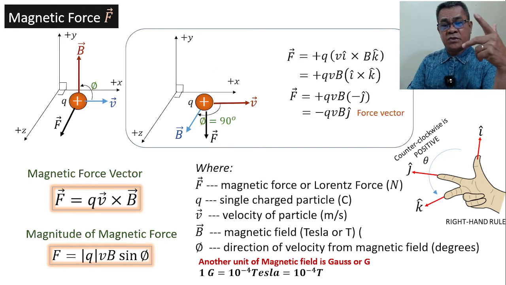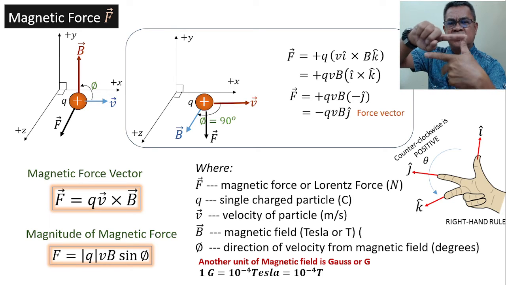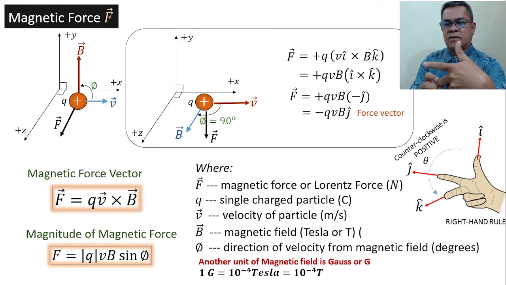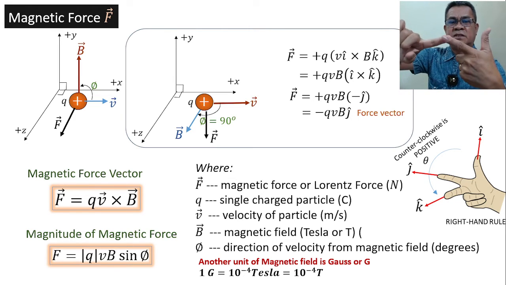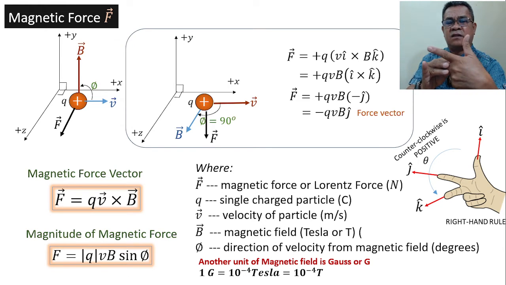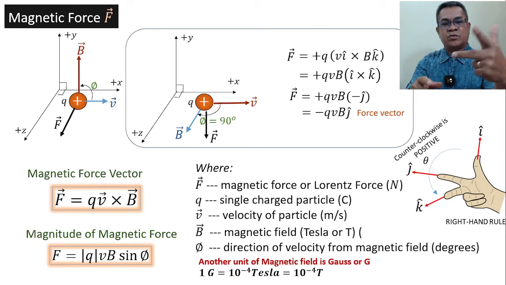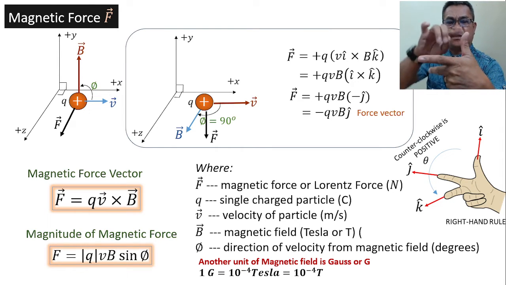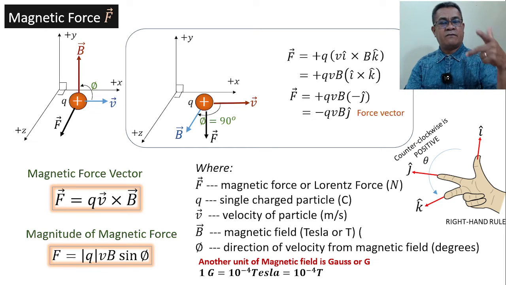So you can use your right hand rule, look at this one, in order to answer it properly. If you call this the velocity and this is the magnetic field, then the next is the force. If you call this the velocity, the index finger, and the center finger should be the magnetic field, and the third finger, which is now the thumb, will be your force.